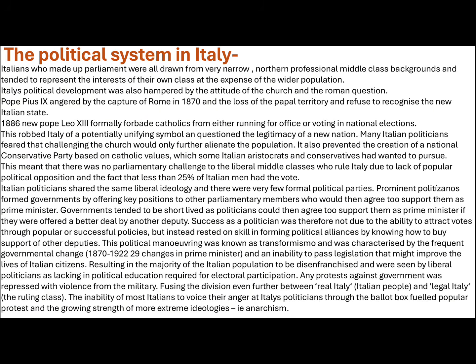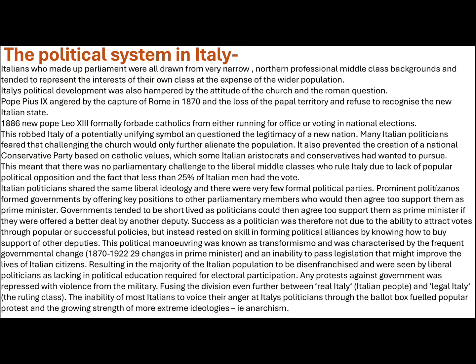In 1886, the new Pope Leo XIII formally forbade Catholics from either running for office or voting in national elections. This robbed Italy of a potential unifying symbol and questioned the legitimacy of the new nation. Many Italian politicians feared that challenging the Church would only further alienate the population.